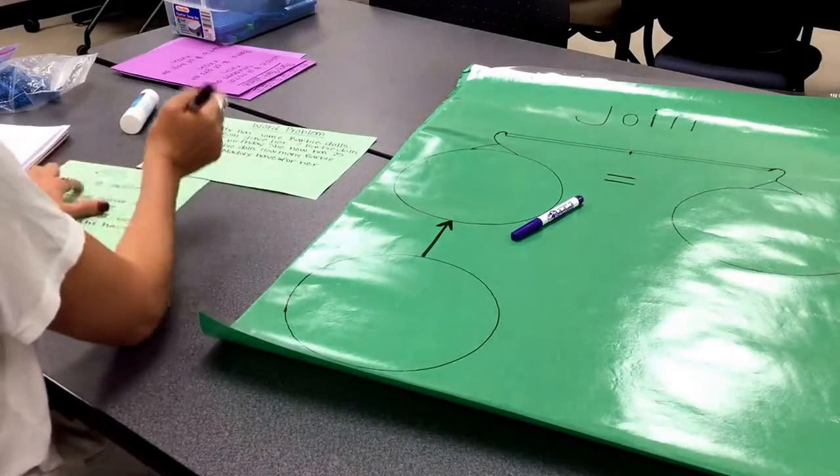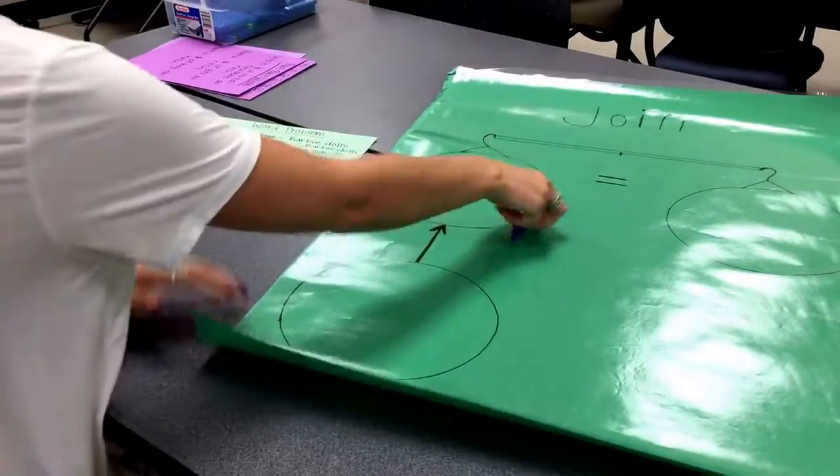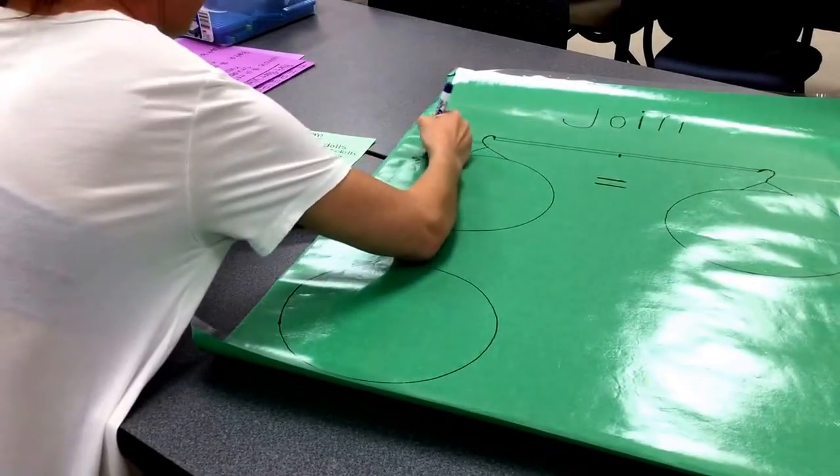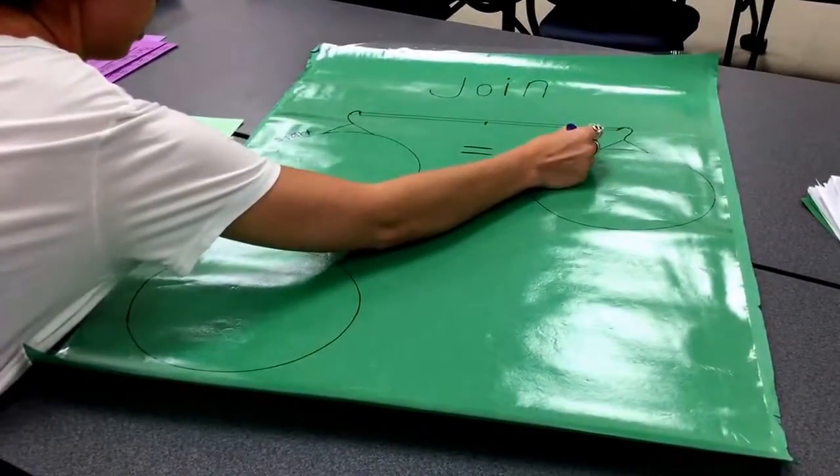And so the start is the unknown, and so we know that she got 7 for her birthday, and she ended up with 25.